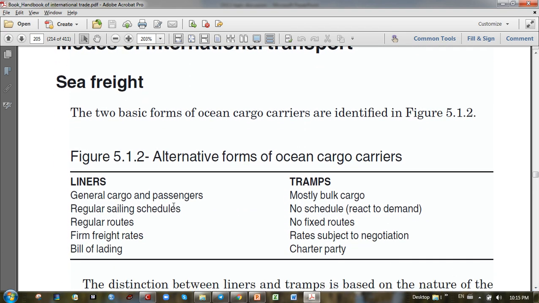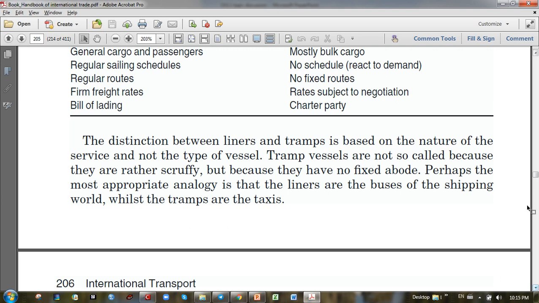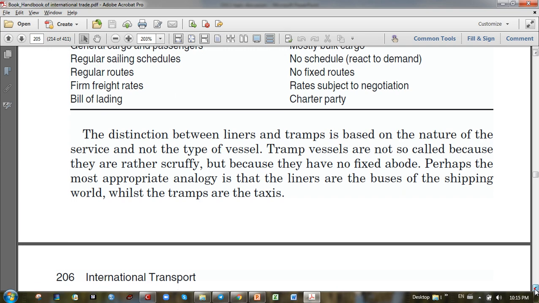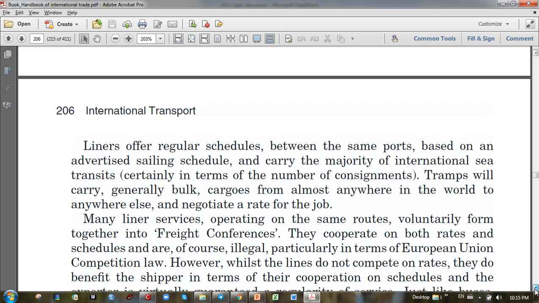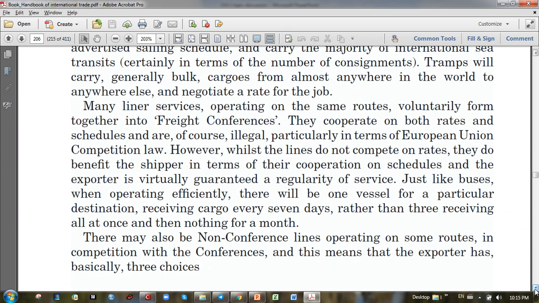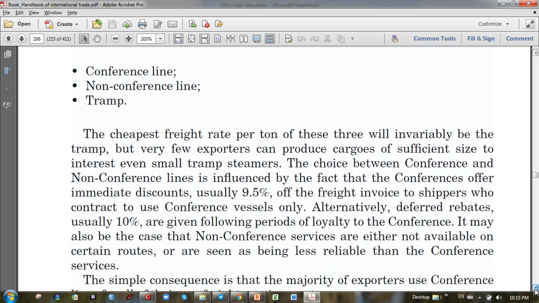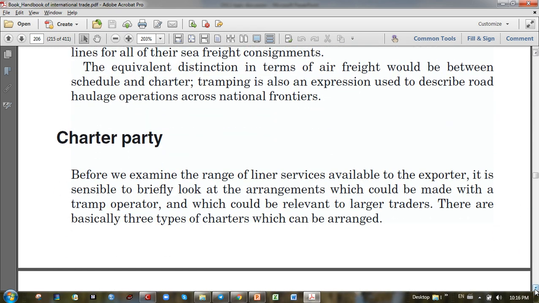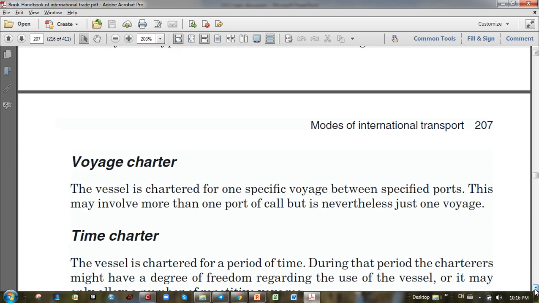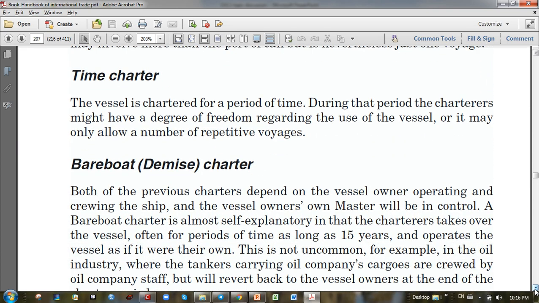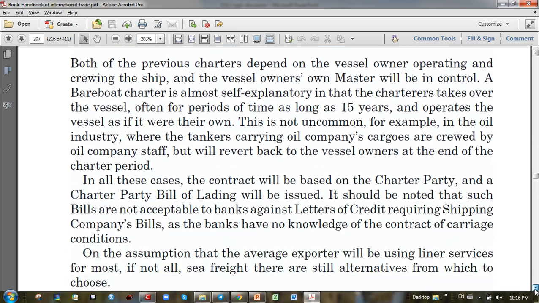Based on figure 5.1.2, alternative forms of ocean cargo carriers, we have liners or tramps. Sometimes it's not so clear, so you can go to Google to find a clear definition. Then charter party: voyage charter, time charter, and bareboat charter.